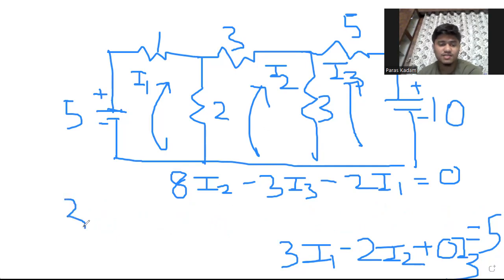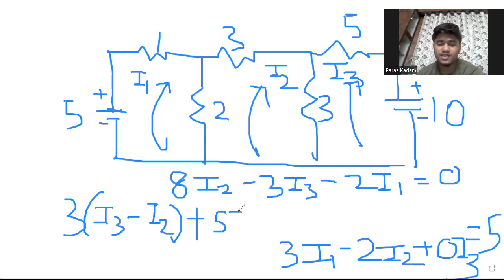So we will write 3 into I3 minus I2, because we are considering the third mesh. After that, we see the 5 ohm resistor, so current is flowing through the 5 ohm, that is 5 I3. And then we come across a voltage source.